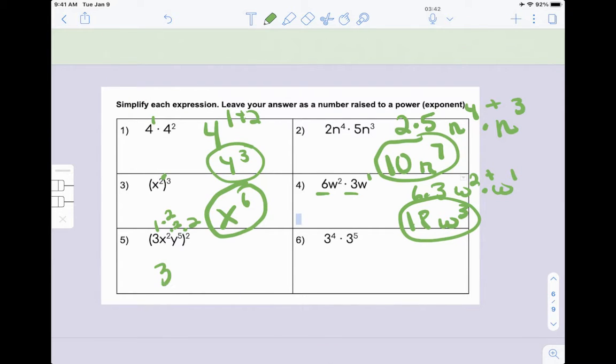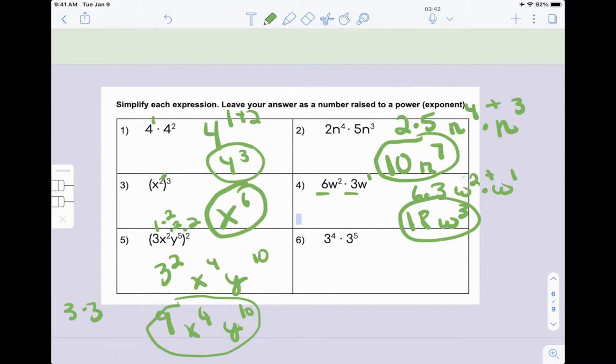So I have 3 squared, x to the 4th power, y to the 10th power. And I know 3 squared is the same as 3 times 3, which is 9, x to the 4th power, y to the 10th power. And that's our final answer.